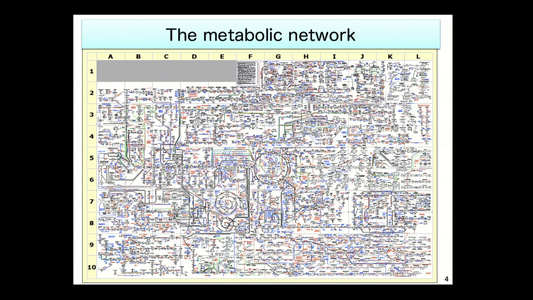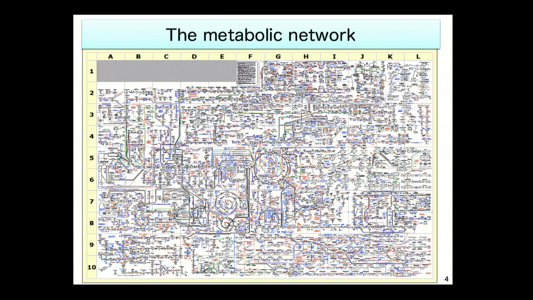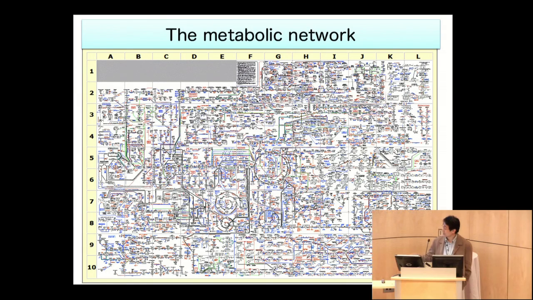This is a traditional metabolic network. This is actually the same one the previous speaker showed in his slides. It was developed by, I think, Boehringer Mannheim, and currently a Roche pharmaceutical company.